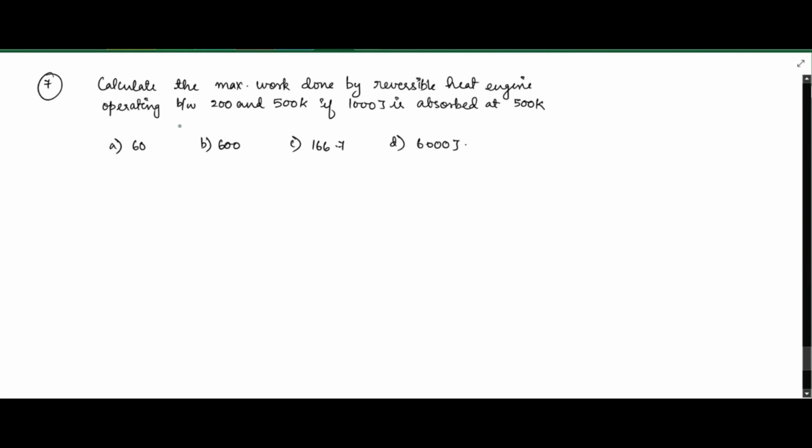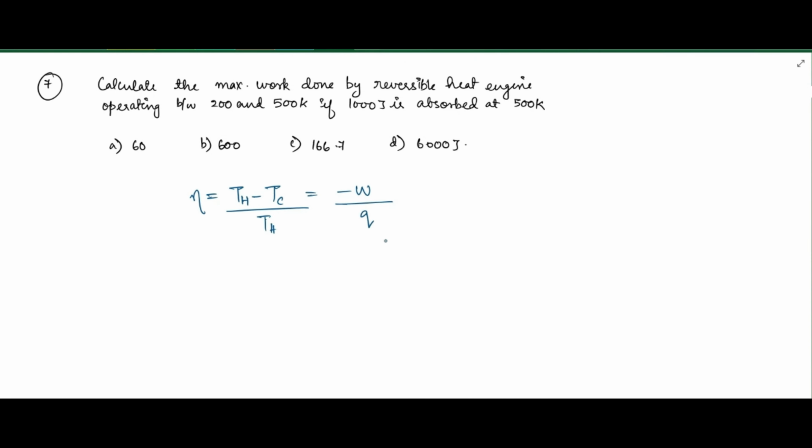Efficiency-based question. Efficiency is equal to higher temperature minus colder temperature divided by higher temperature, which equals maximum work done in the negative divided by the heat absorbed. This is the equation. Everything is given. Higher temperature is 500, colder temperature is 200, higher temperature 500, work done is what we need to find, divided by Q for the system, which is 1000. Rearrange and find W.